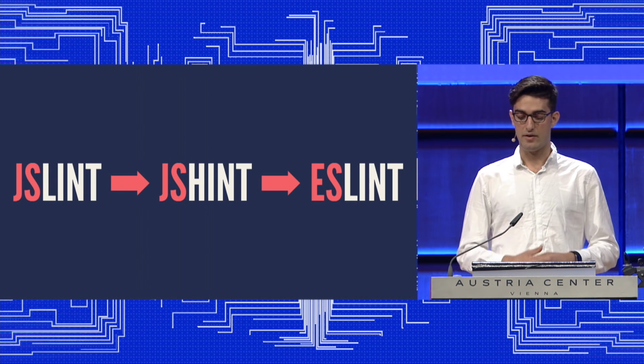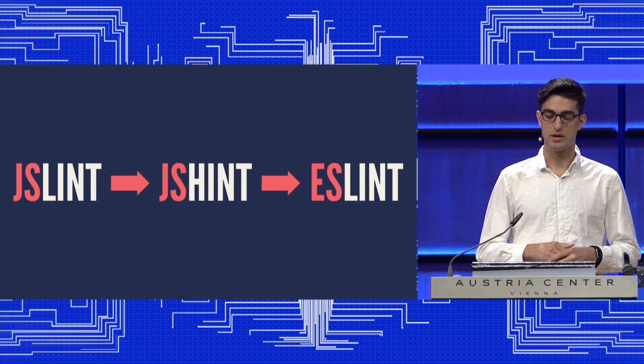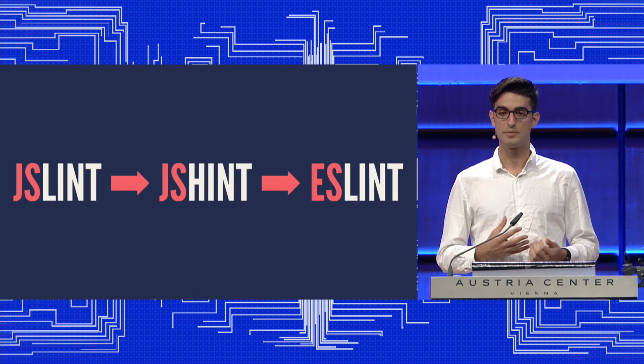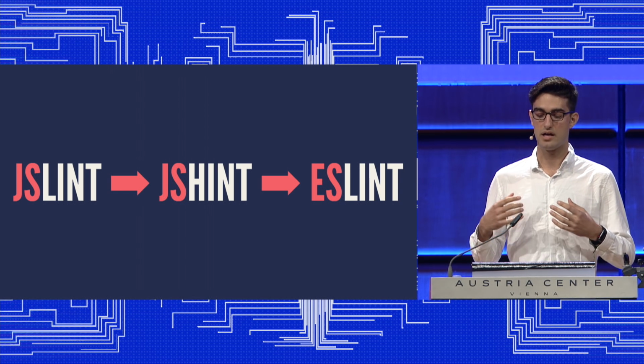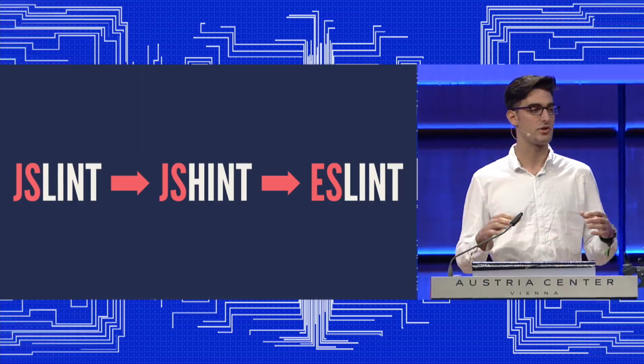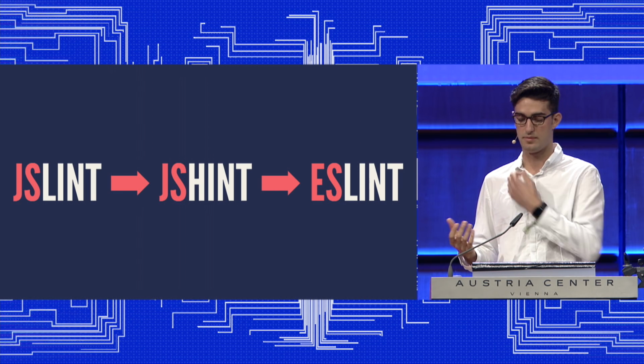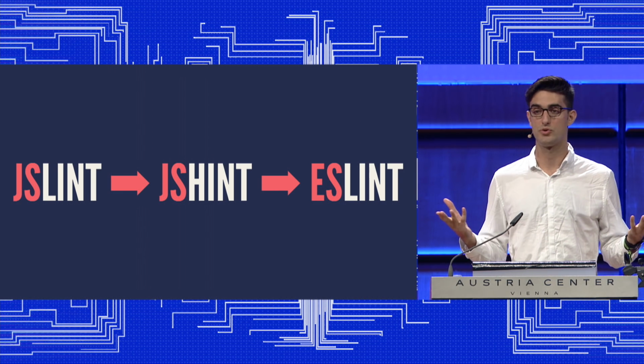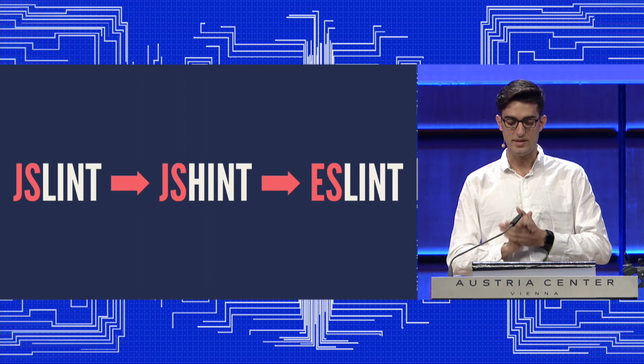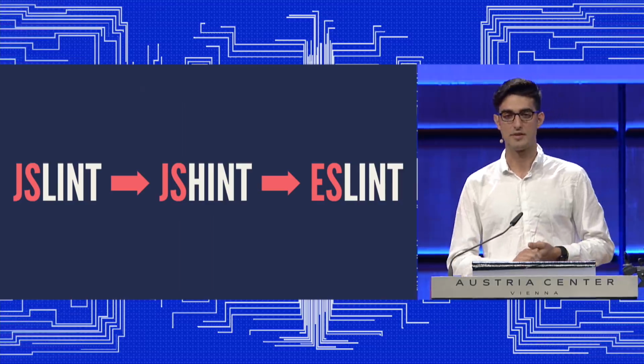Then ESLint came out in 2013, offering specifically better ES6 support and additionally style rules. Style rules are about the way the code looks, and it also has a flexible plugin system, which allowed developers to create their own rules. And so ESLint is now by far the most popular linter, and it's going to be the focus of our talk.